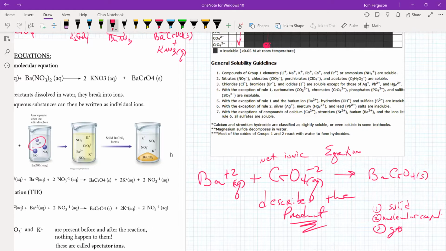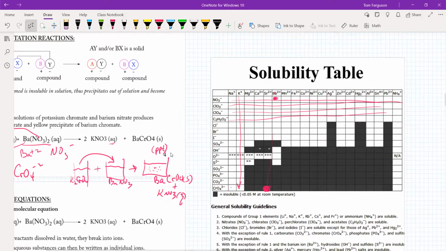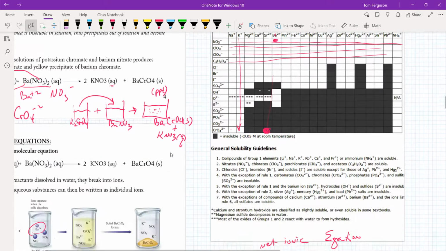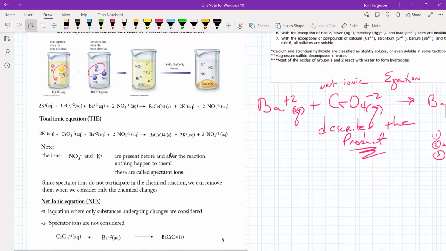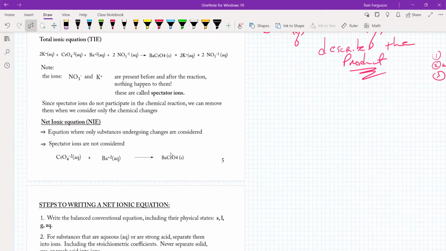Okay, if any of those three happen, then there's going to be a net ionic equation. Now, sometimes when you dump two things together, two aqueous solutions, nothing happens. Okay, we dump two together and we end up with all white. That means nothing happens because it's still in solution.